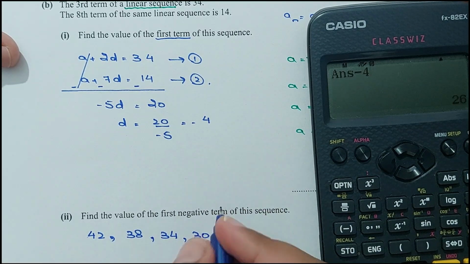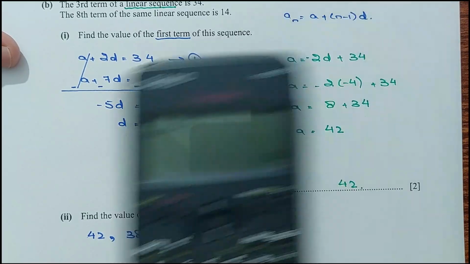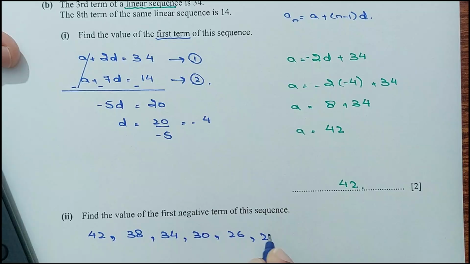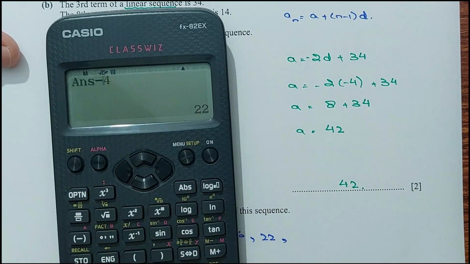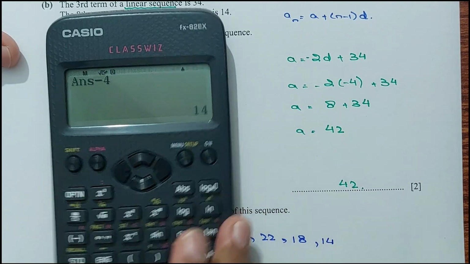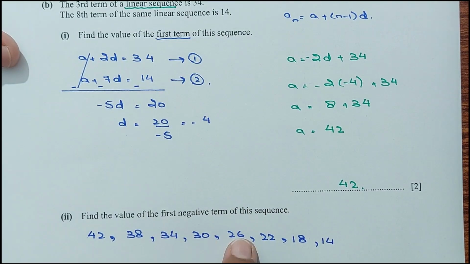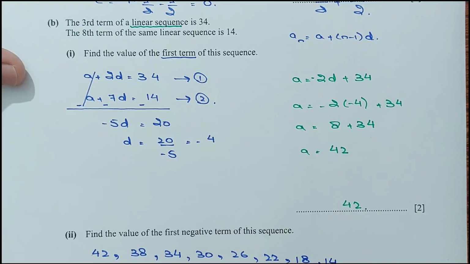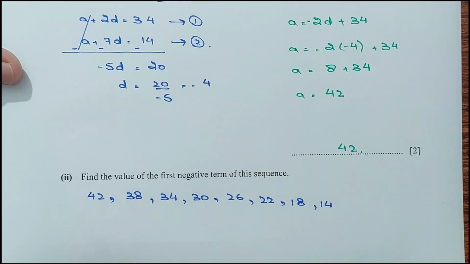Then subtract 4 is 26, then subtract 4 is 22. Subtract 4 is 18, subtract 4 is 14. This is the 8th term. You can see 1, 2, 3, 4, 5, 6, 7, 8. It is already given that the 8th term is 14, right?